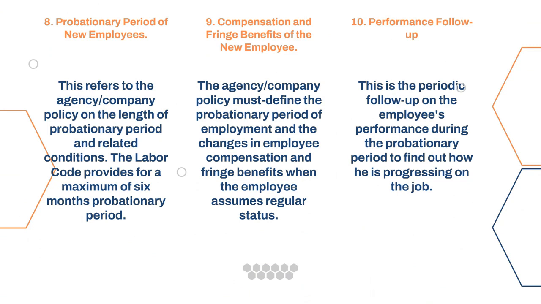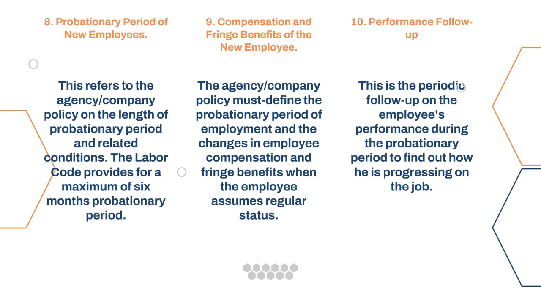This refers to the agency or company policy on the length of the probationary period and related conditions. The Labor Code provides for a maximum of 6 months probationary period. Number 9, compensation and fringe benefits of the new employee.